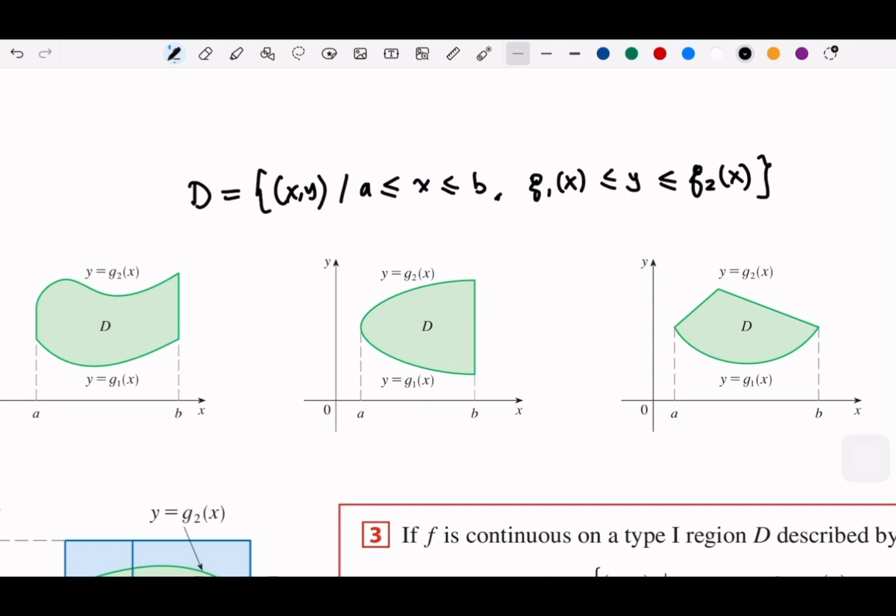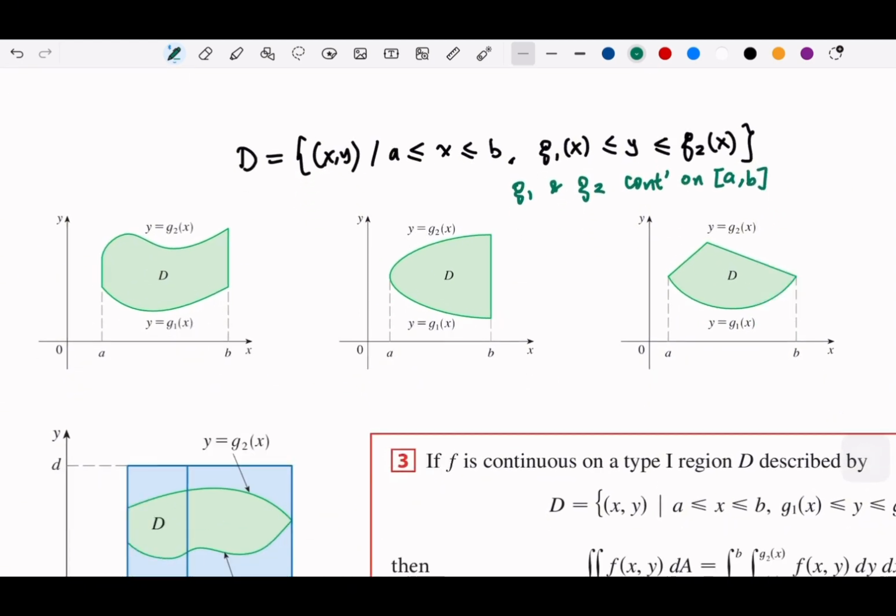Of course, we also need to establish that g1 and g2 need to be continuous on the interval [a,b]. So we need to have this in our region.